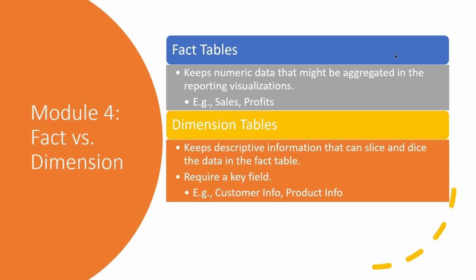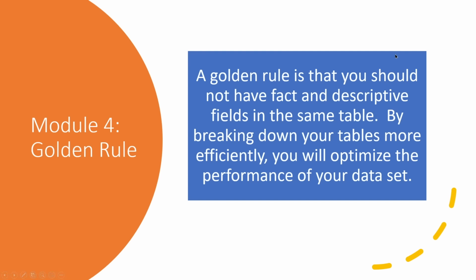So for example, data that should be in dimension tables would be customer information and product information. The golden rule for usable data is that you should not have fact and descriptive fields in the same table. By breaking down your tables more efficiently, you'll optimize the performance of your data set.